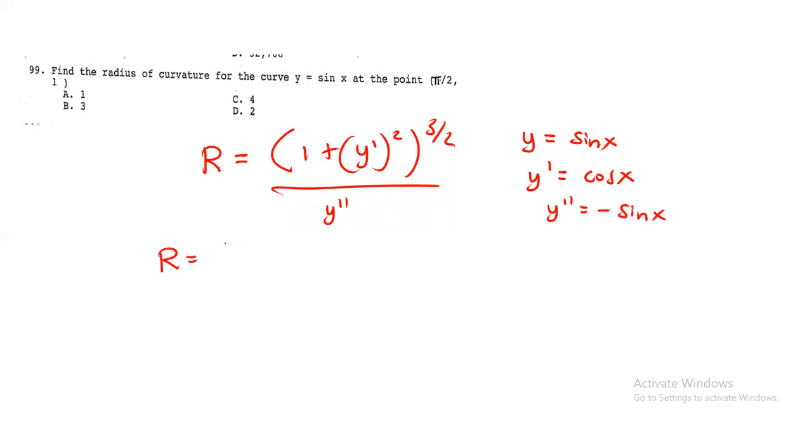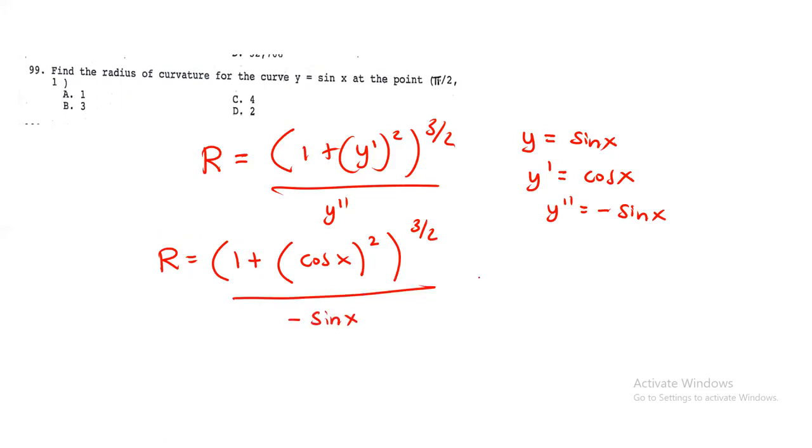So R is equal to 1 plus y prime, cosine of x, squared raised to 3 halves over y double prime, negative sine of x. Substitute x equals pi over 2. When you substitute x here, you get a radius of curvature of negative 1. Of course, what we're looking for is the radius, so approximate it as 1. When it's a radius, you don't include the negative, so disregard the negative since we're looking for the radius.